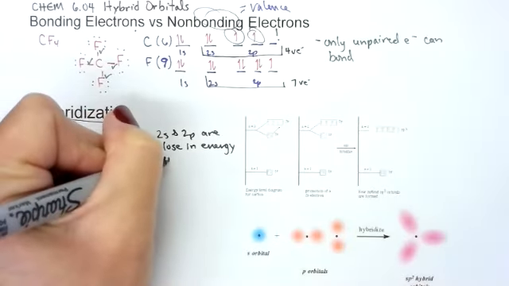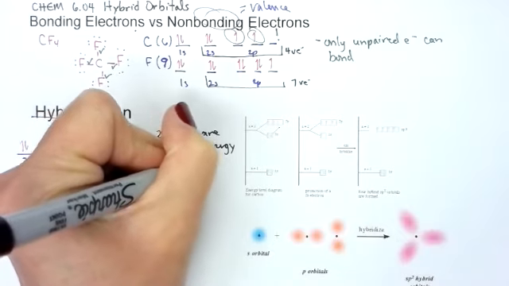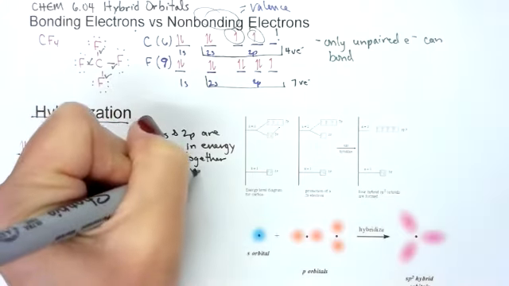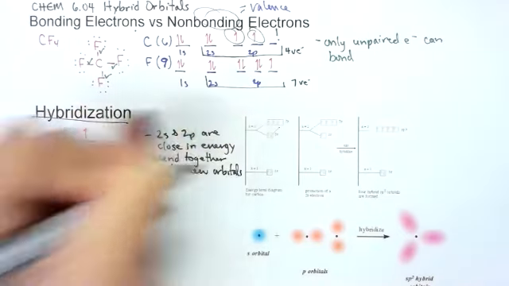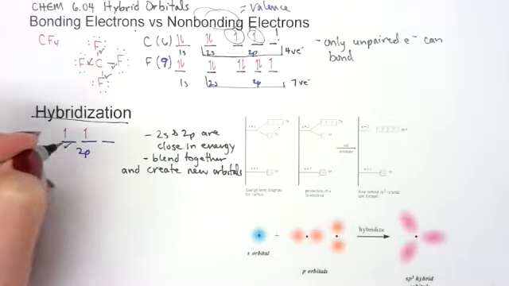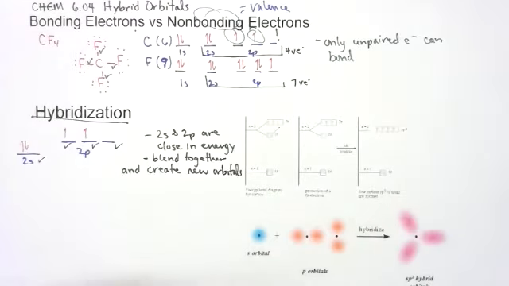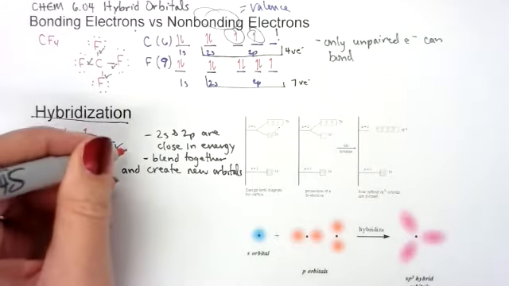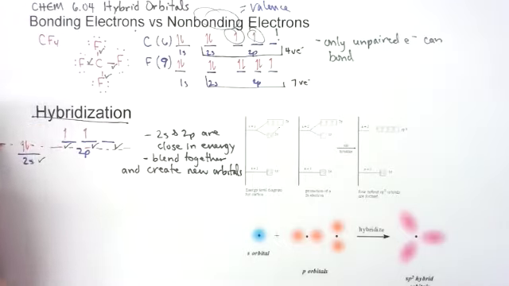So if this and this and this and this combine together, the result is four orbitals that lie between the S and the P. So the resulting orbitals are going to fall somewhere along this line.